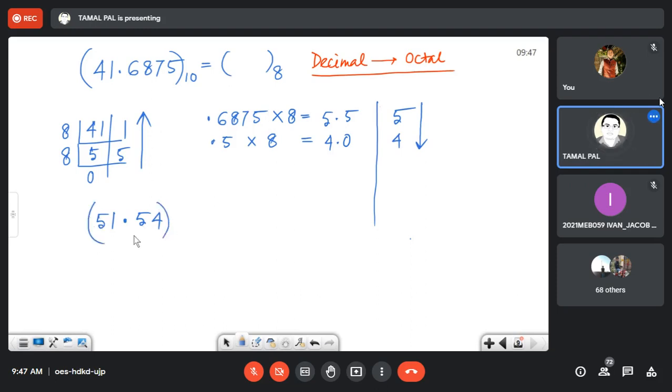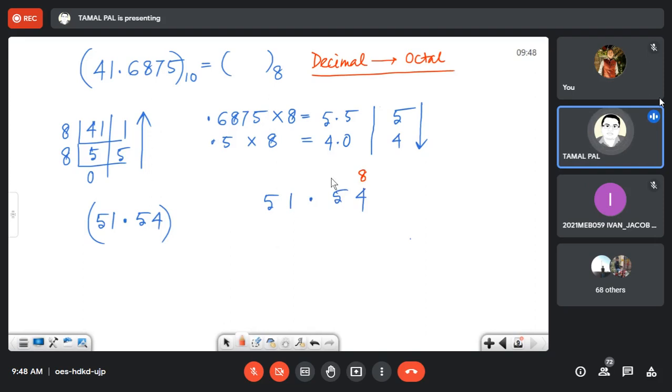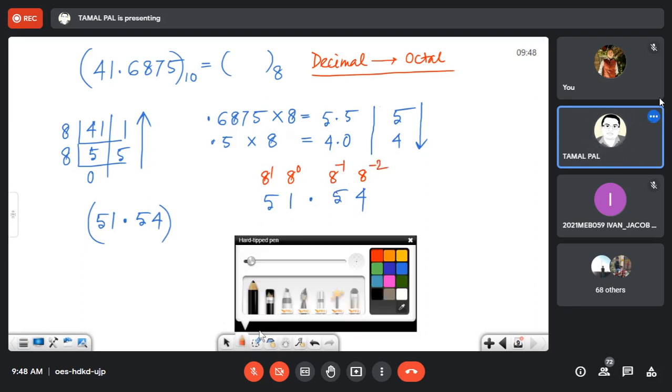Now we'll try to convert it back into decimal. 51.54. The weightages are 8 to the power 1, 8 to the power 0, 8 to the power minus 1, and 8 to the power minus 2.